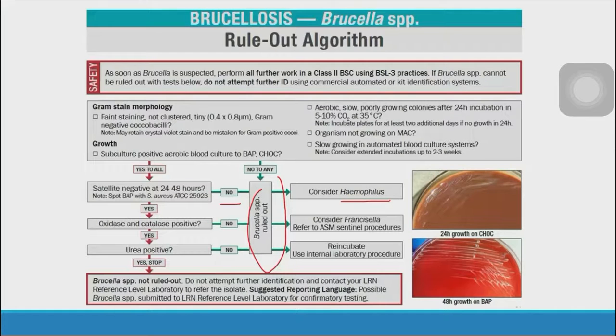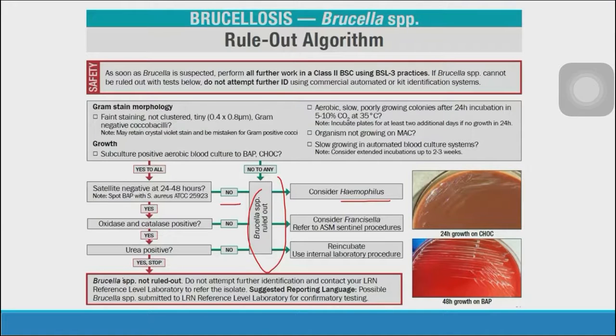Okay? So what if, for example, na-rule in si Brucella or di siya completely na-ruled out? Paano yung reporting ni Brucella? Okay, so Brucella, ang reporting is that Brucella is not ruled out and then refer for LRN reference level laboratory.